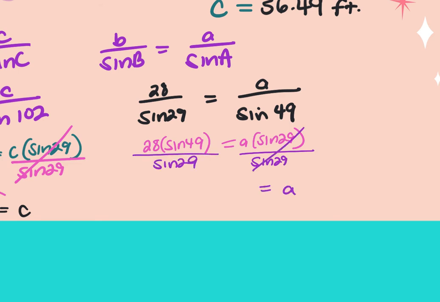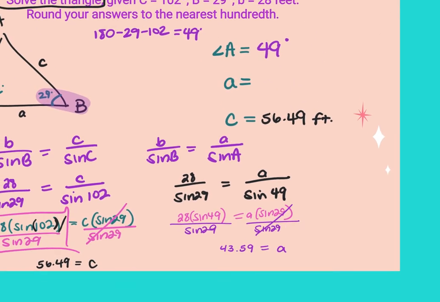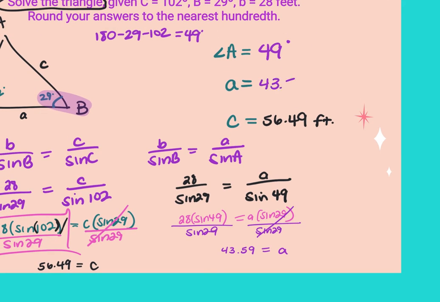So A equals 28 sine 49, close the parentheses, divided by sine 29, and I get A is 43.59 once it's rounded. Again, if it asks for the unit, it would be feet.